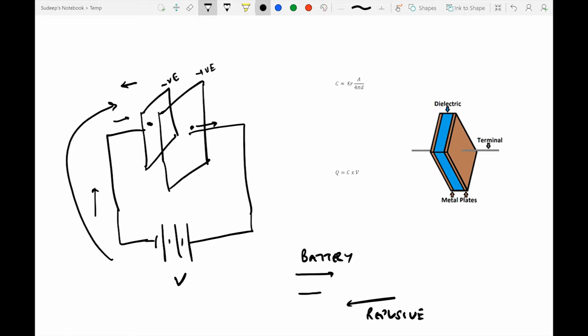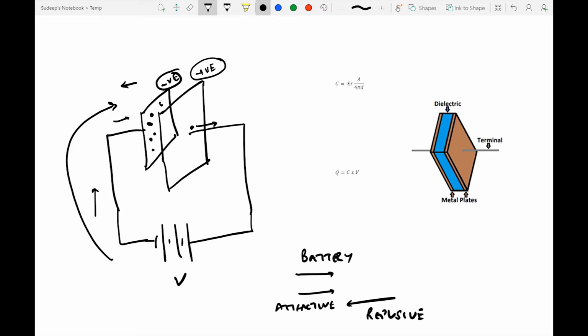But now we have an additional force, which is the attractive force, because of the positive charge in the opposite plate. So because we have two forces working against one now, we would be able to pump in a relatively higher amount of electrons into the plates, and one of the plates would develop a negative charge, the other one a positive charge.